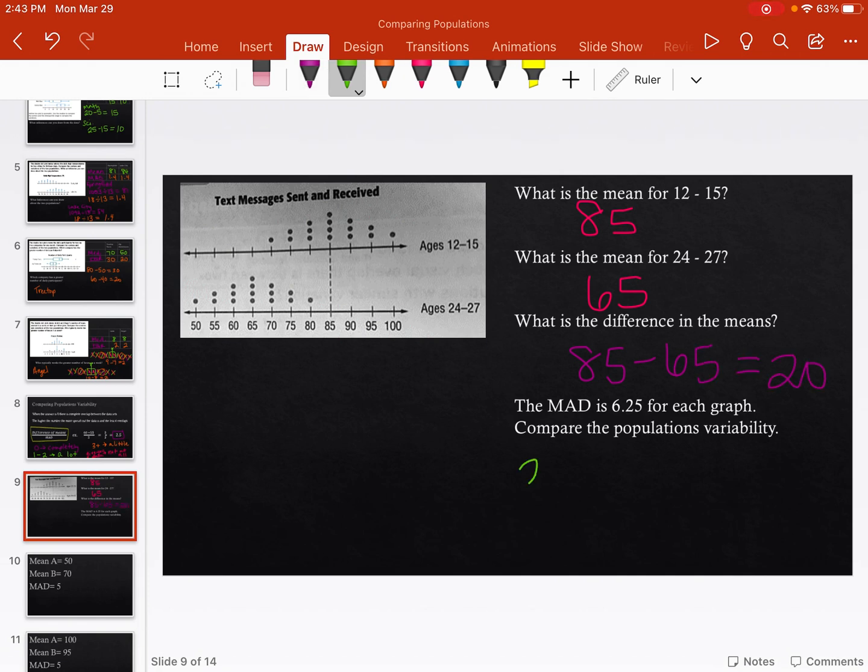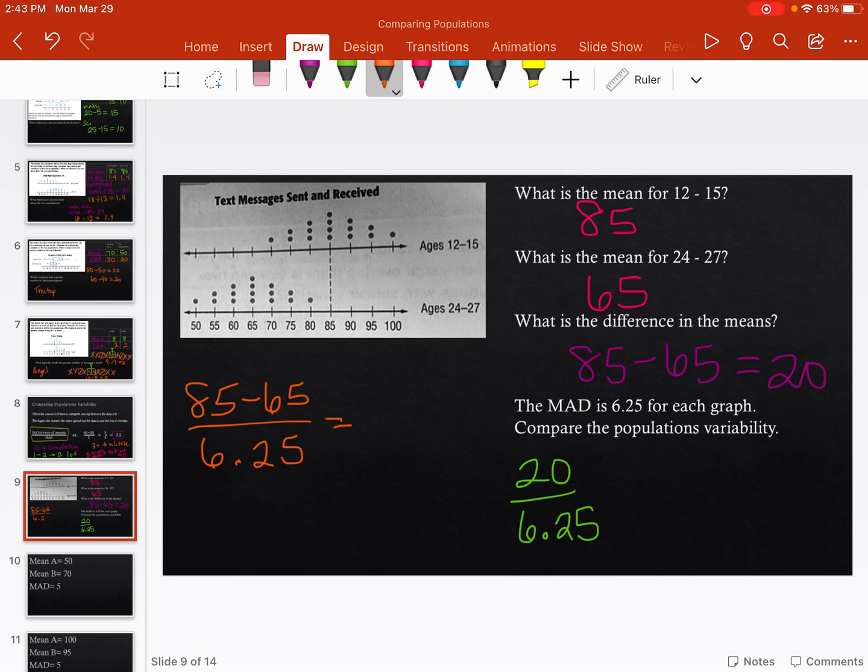And then we would take that number and divide by 6.25, divide by our MAD. So really I would initially set this up as 85 minus 65 over 6.25. I would step it out, get 20 over 6.25, and then simplify that. So 20, yes, you get a calculator, divided by 6.25, and we get 3.2.